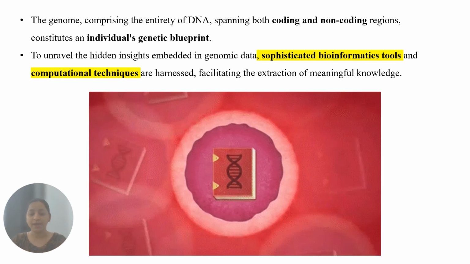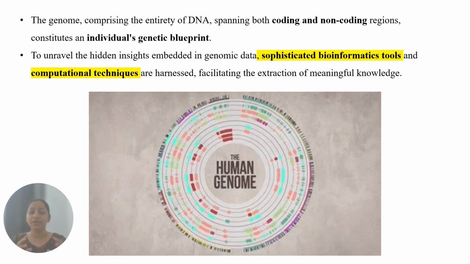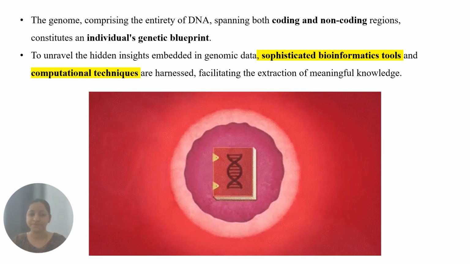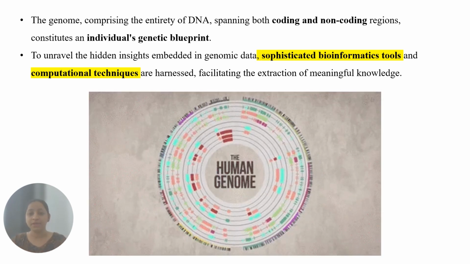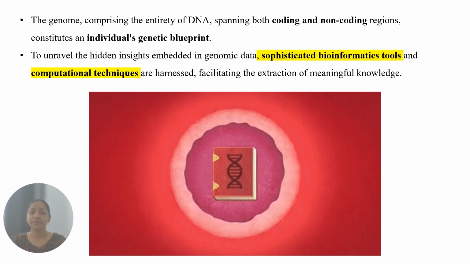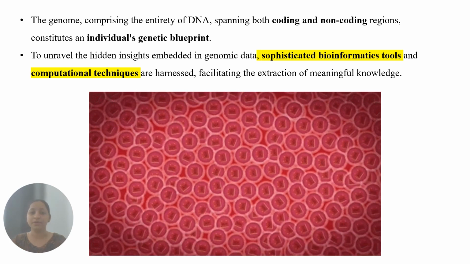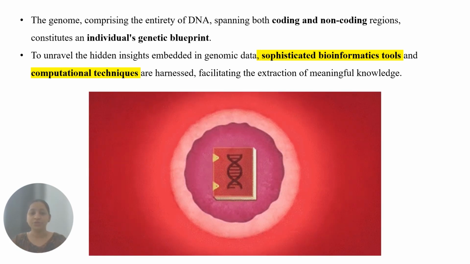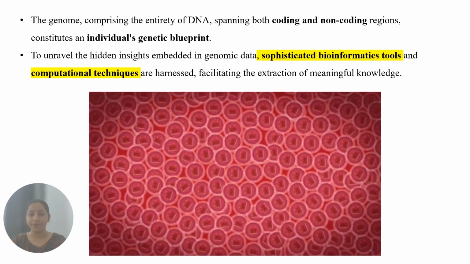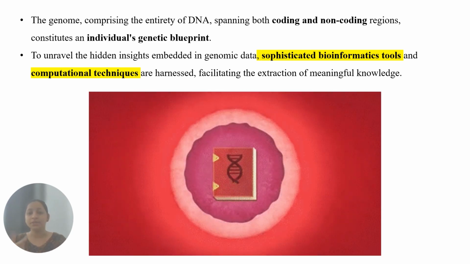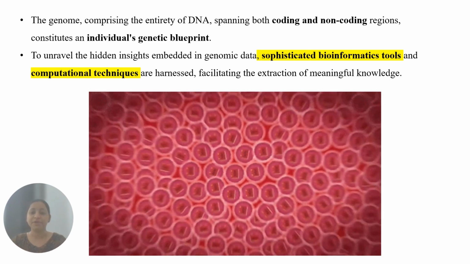That's why there is a need to understand the genetic makeup of an organism. A real example you can take is the COVID-19 pandemic. It was declared an outbreak, so we needed to understand the genetic makeup of that specific virus.